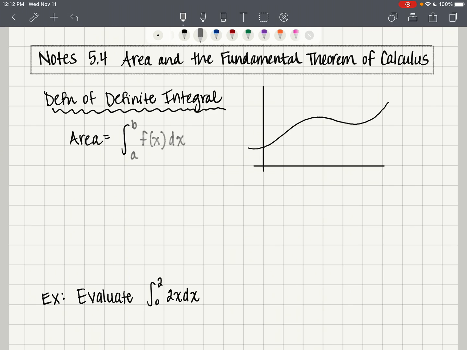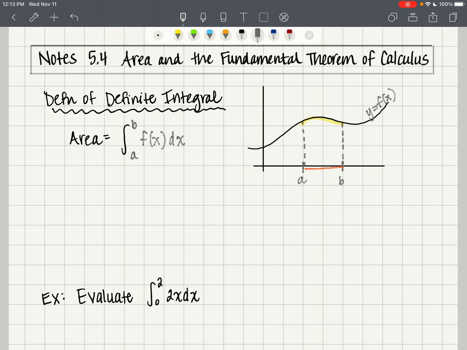And what that means is if we have a value of a and a value of b along our x-axis, and we have this function f of x that looks like this curve, then this area that's created from a to b underneath this curve f of x.